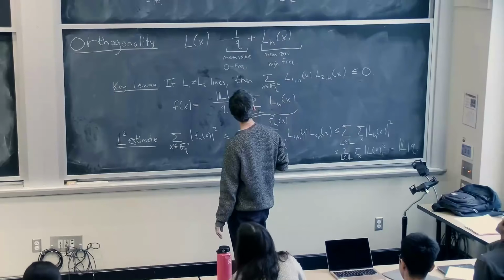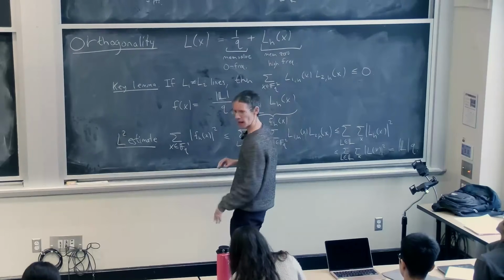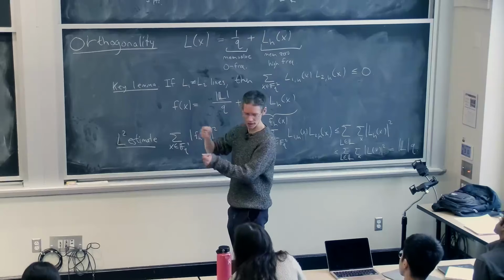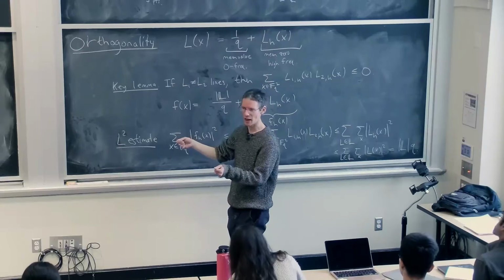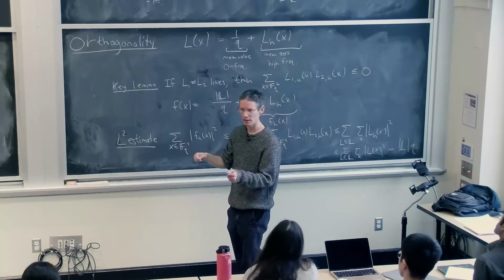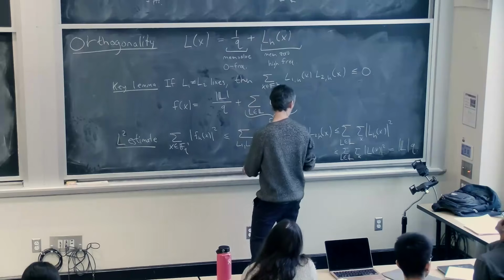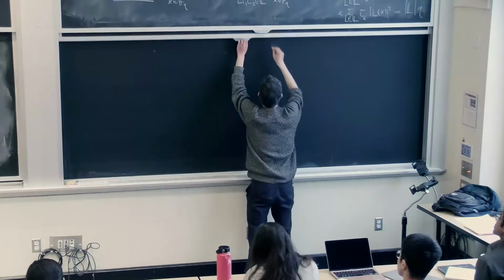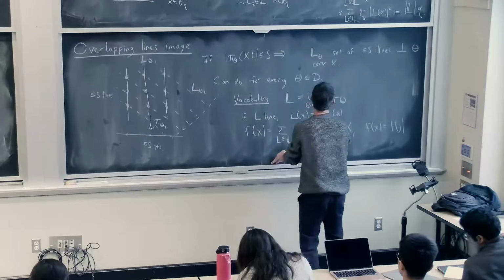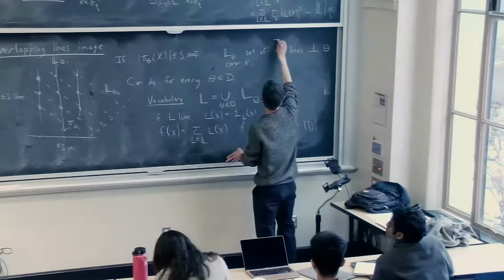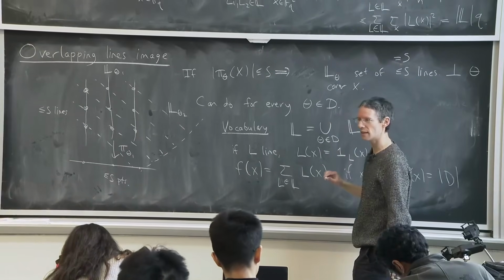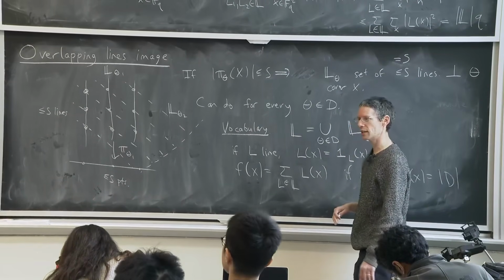But it might be OK to work with that, but I find it slightly confusing to keep track of. And you can always add some extra lines, and the lines will still cover the set X. So what I like to do is to say that there are equal to S lines, and they cover X. And then it makes this computation clean.